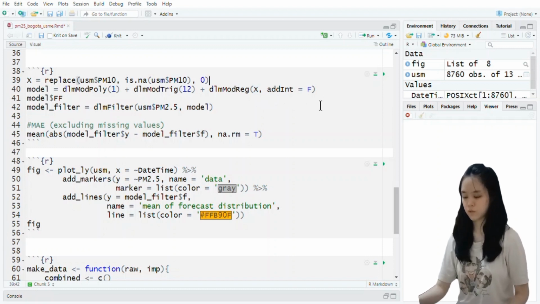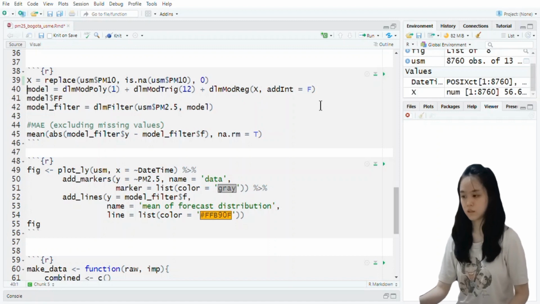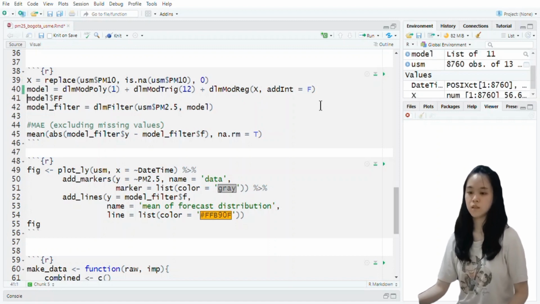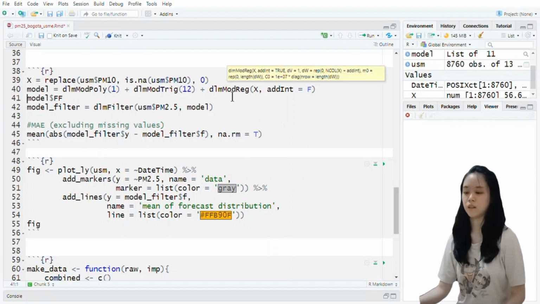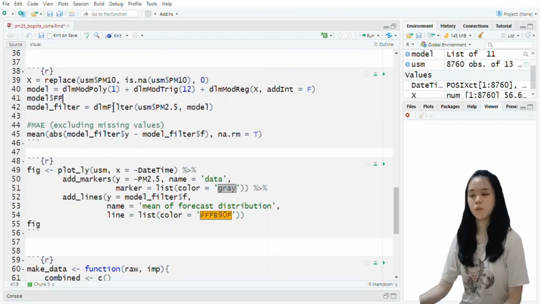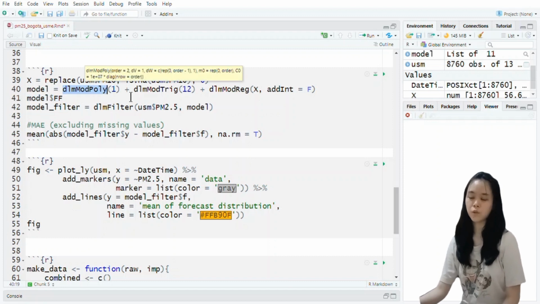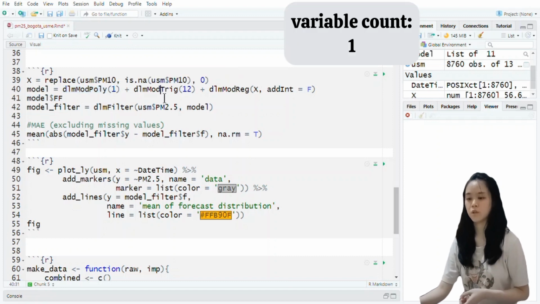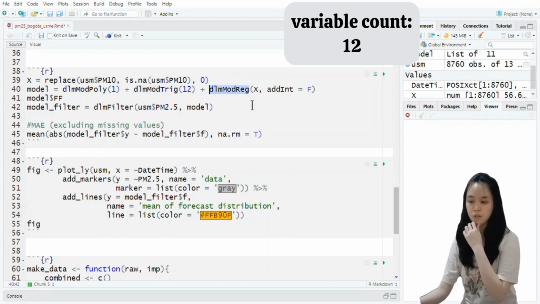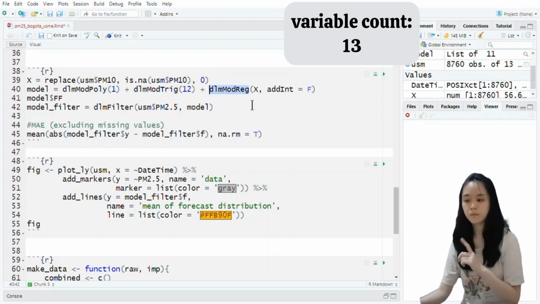Okay, so let's run this. By running line 40, we are building the model. We have not trained it yet. By the way, the polynomial model of order 1 has one variable, the seasonal component has 11 variables, and the regression has also one variable.